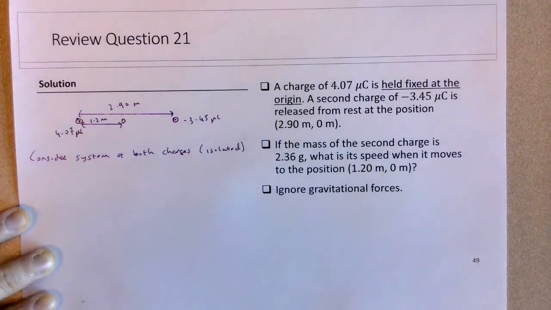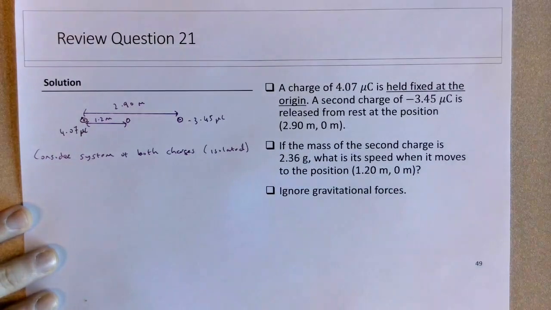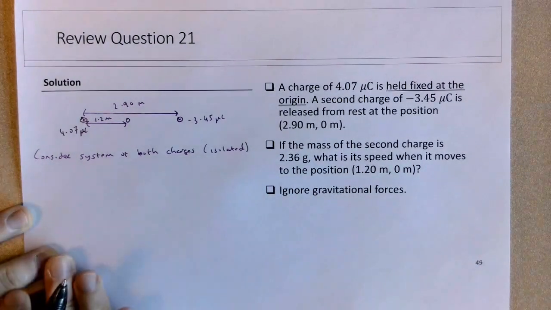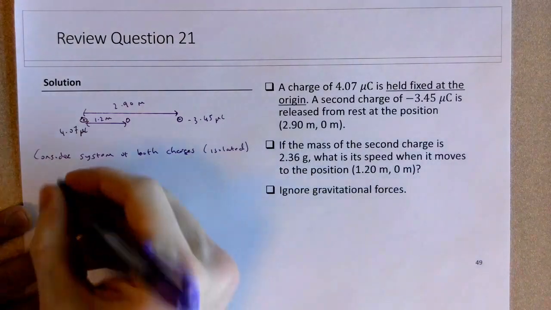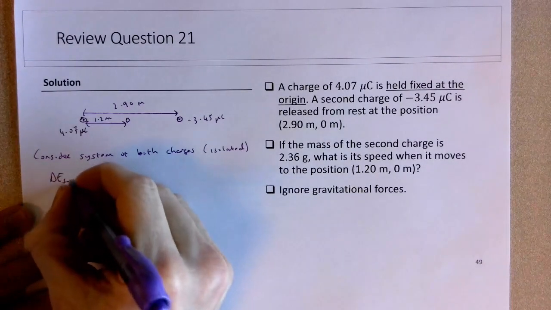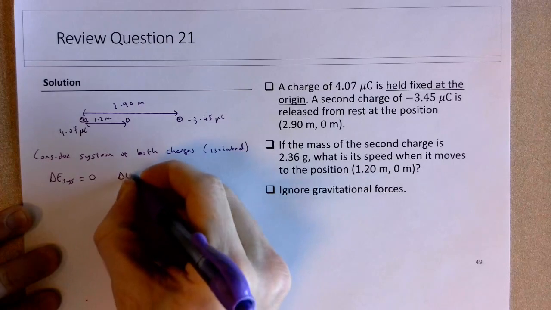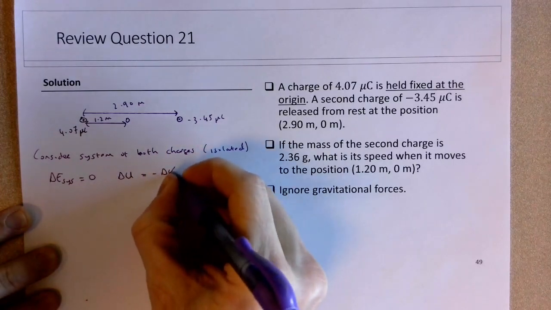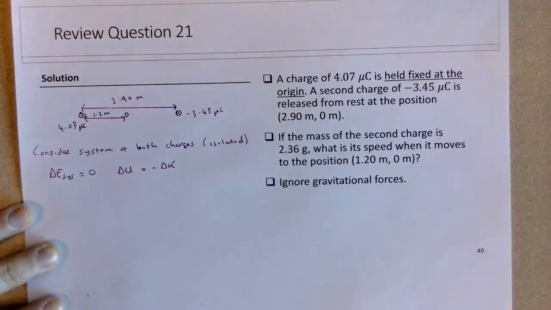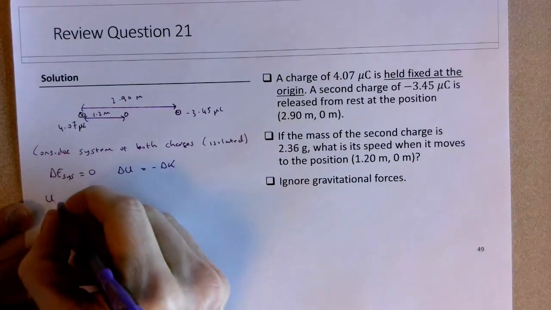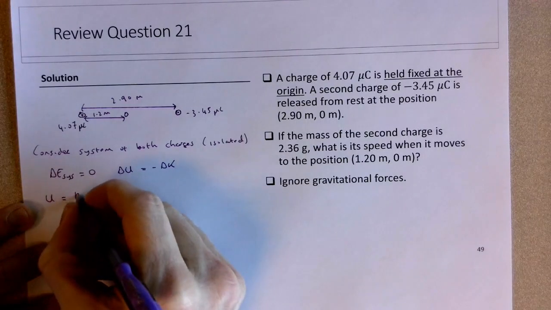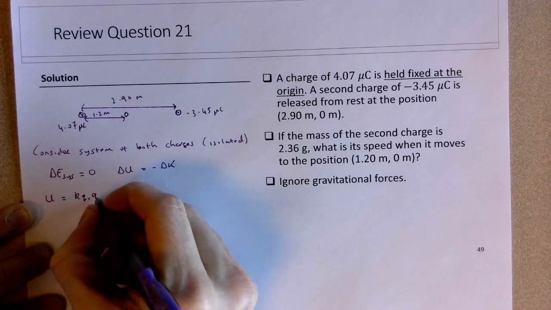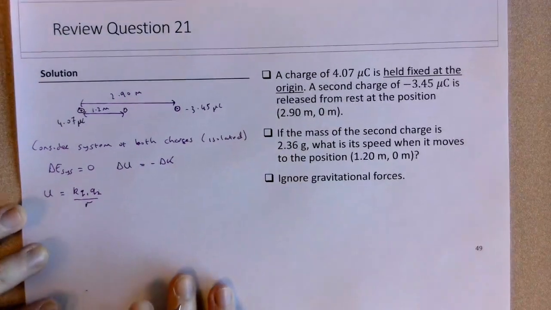Again, ignore any gravitational interactions for all these problems. So it says here, ignore gravitational forces. That means that the delta E of the system is 0, which means that delta U is equal to negative delta K. Now the U for a two-point charge system is kQ1Q2 divided by r.